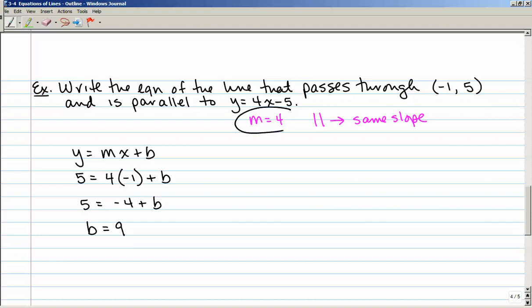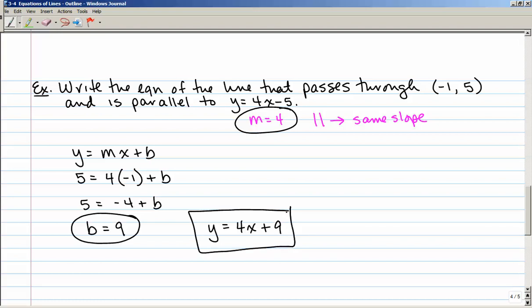With this slope and this y-intercept, my final answer is y equals 4x plus 9. And that's the equation of the line that is parallel to the line y equals 4x minus 5, but passes through the point negative 1, 5.